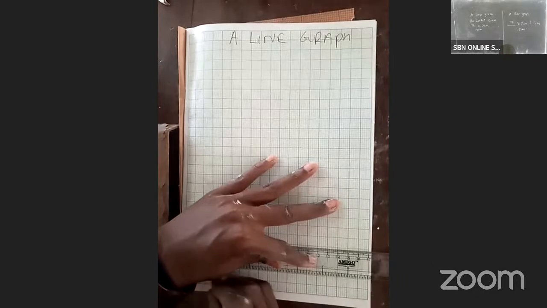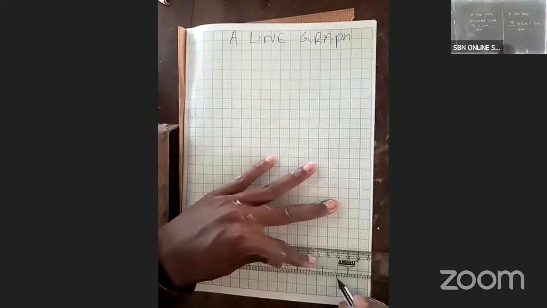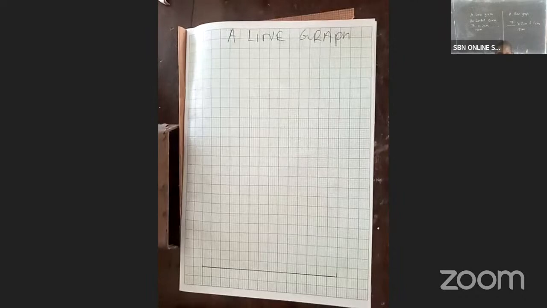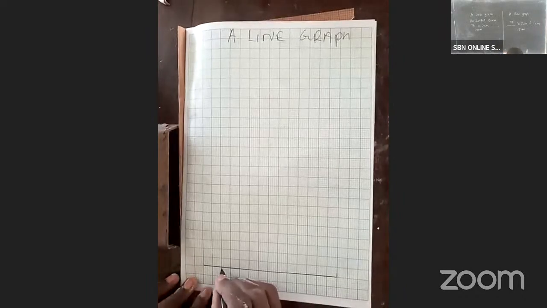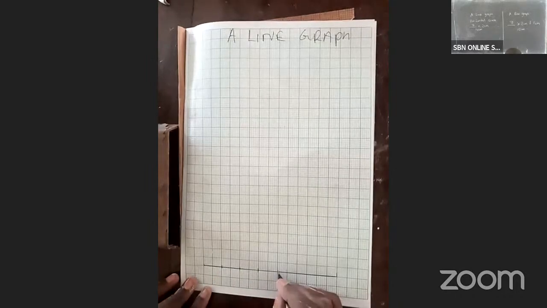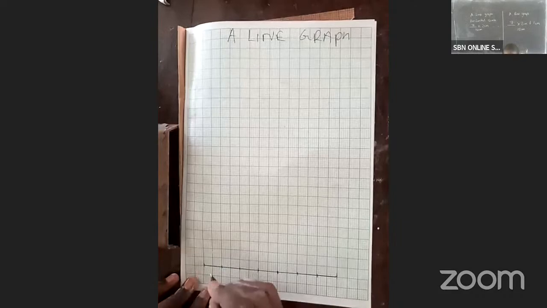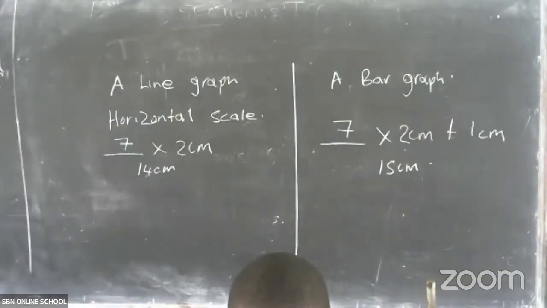After drawing that line, remember we have said each item here is taking 2 centimeters. Remember, here we are drawing a line graph, 2 centimeters. Am I clear? Let me stop sharing and go back to our question.